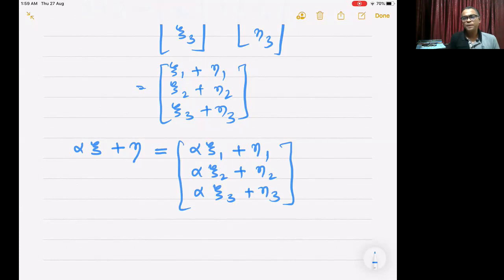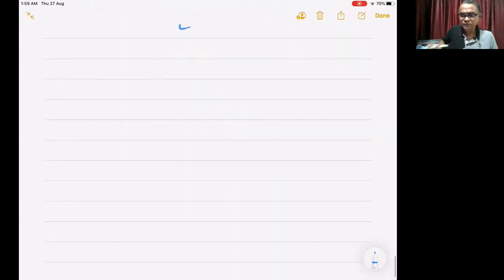So I break the shackle of just Euclidean three-dimensional space, and embrace these two properties to define an abstract vector space. And that is what we are going to do now. Okay, so on to the axioms of vector space.